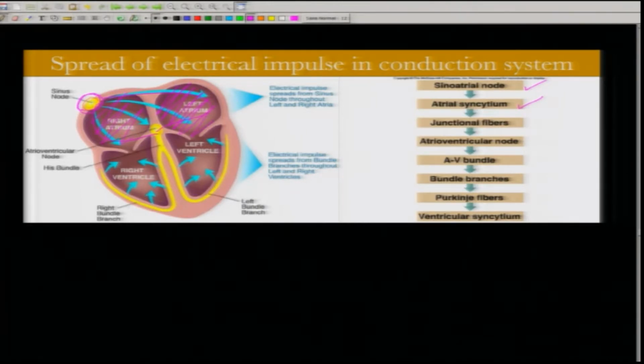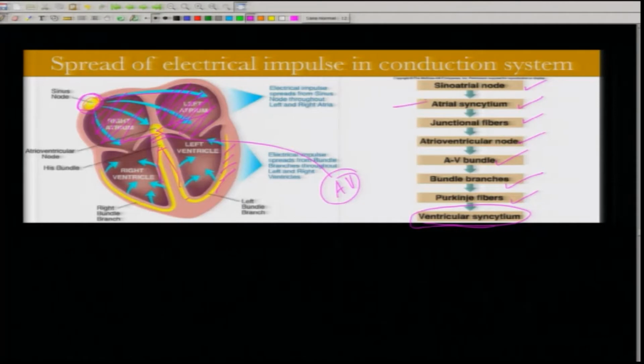Then it moves to the junctional fibers, then to the atrioventricular node, or AV node. From there it moves to the AV bundles, then to the bundle branches, where the branching takes place. Then it moves to the Purkinje fibers, and that spreads out into the ventricular syncytium.